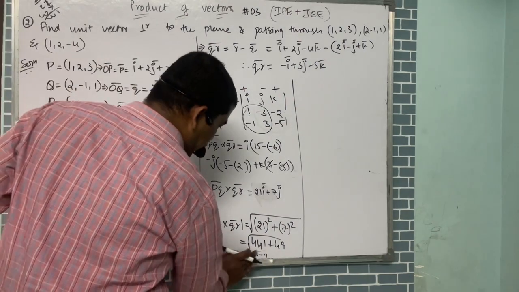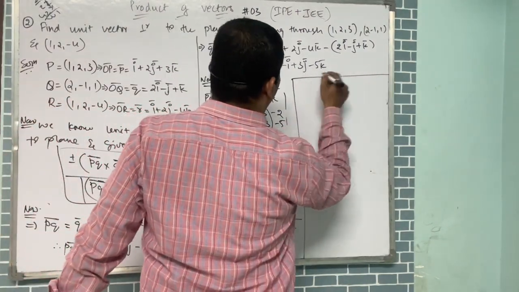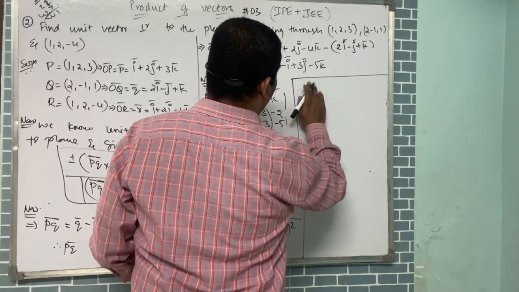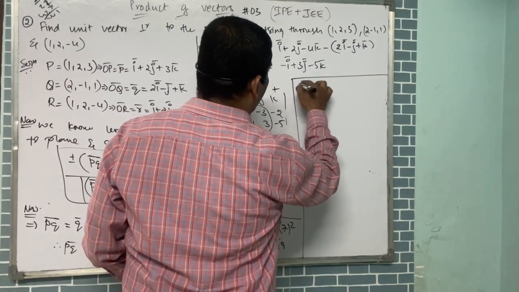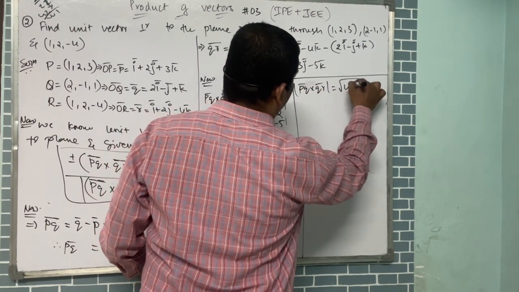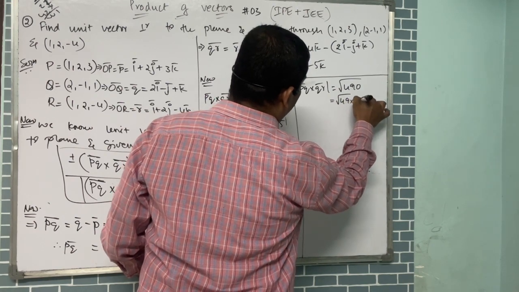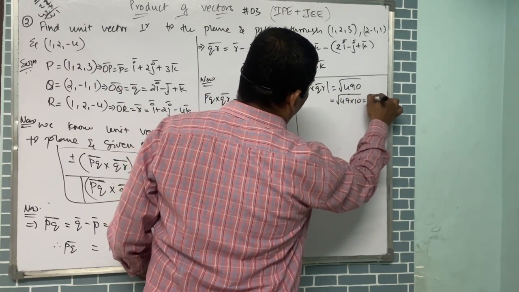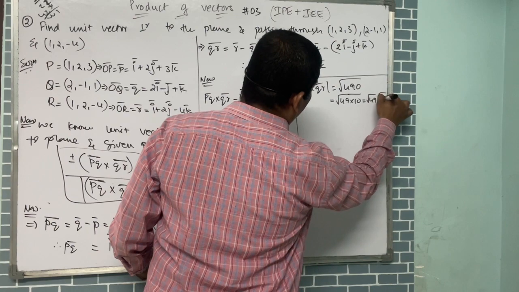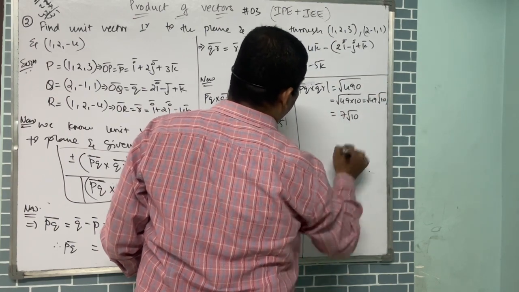I am writing it up here. Square root of 490 can be written as 49 into 10. So square root 49 into square root 10. Square root 49 is nothing but 7, and square root 10 as it is.